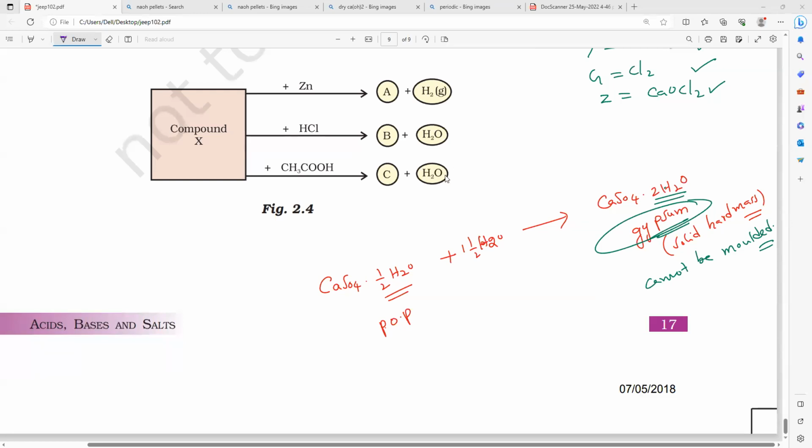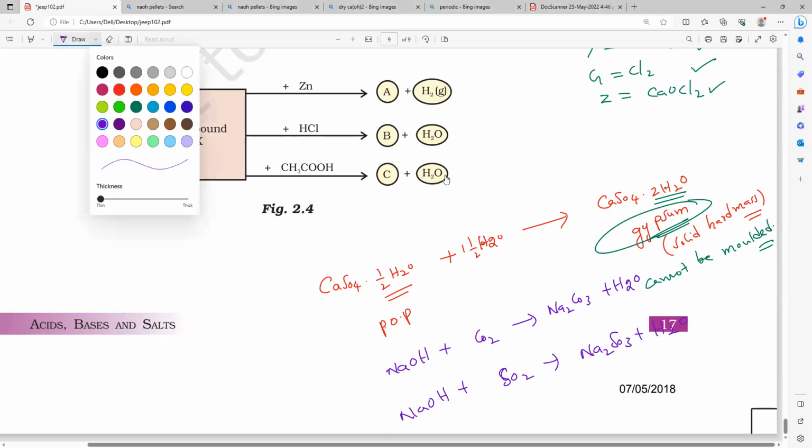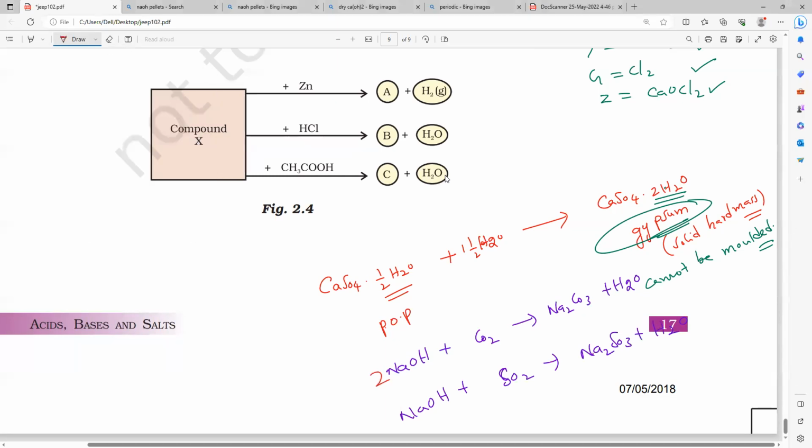Sure. So write it, everybody. You can write it with both. Sodium hydroxide reacting with carbon dioxide will form sodium carbonate plus water. Balance this equation fast. Next, sodium hydroxide reacting with sulfur dioxide will give you sodium sulfate plus water. Yes, it is 2 NaOH in both.